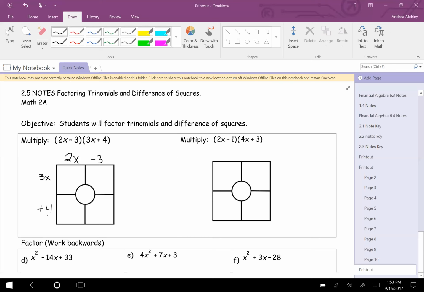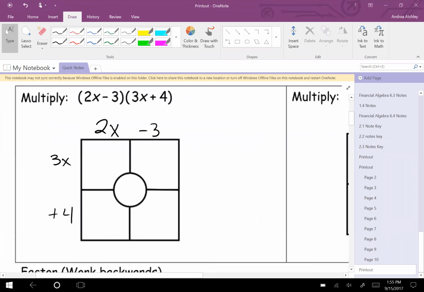We're going to multiply those two binomials to find the area of the big square. Okay, let's see how we did. So we multiply these. We're going to do the 2x times the 3 to get 6x squared.